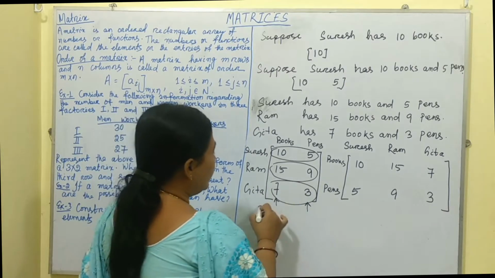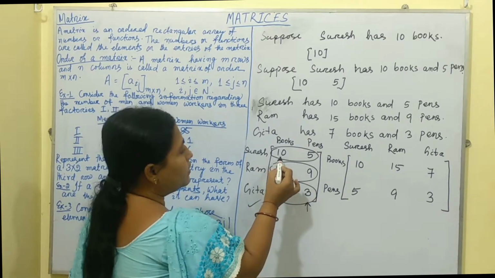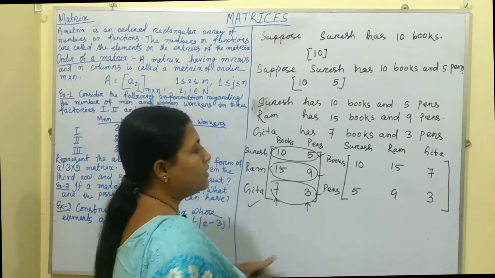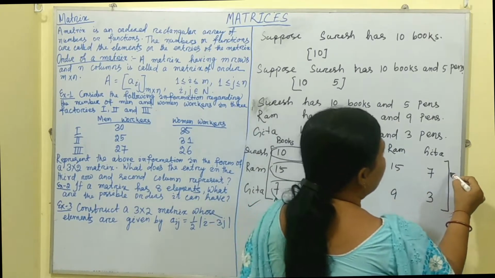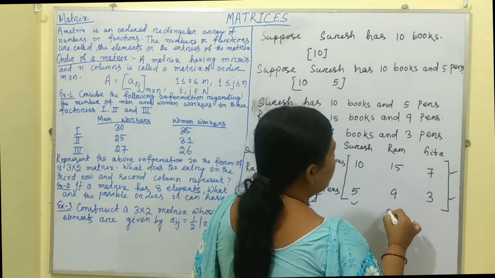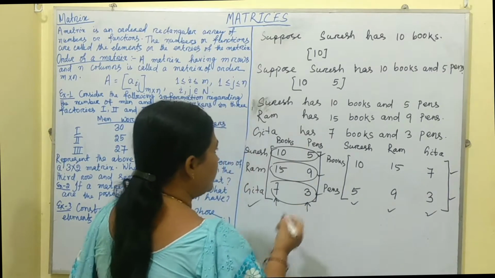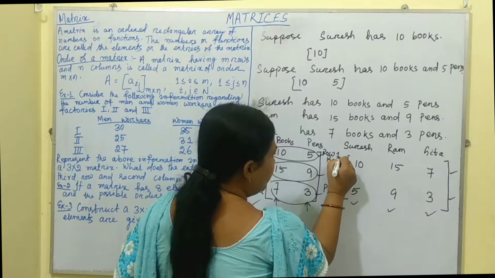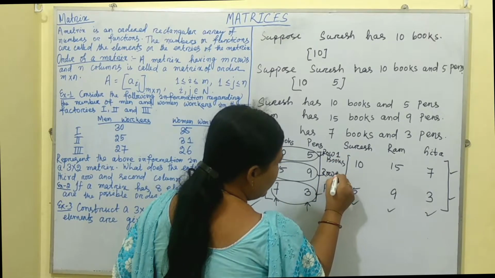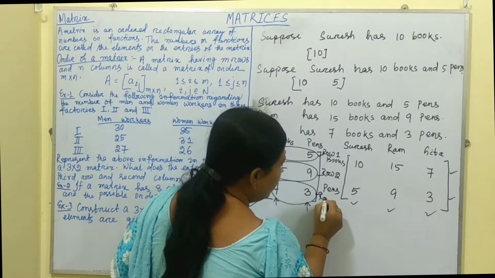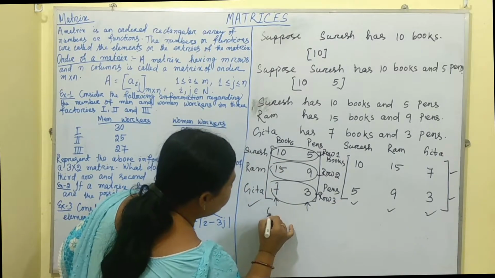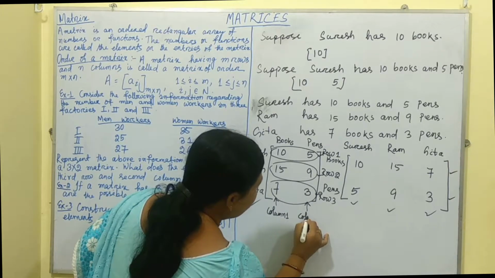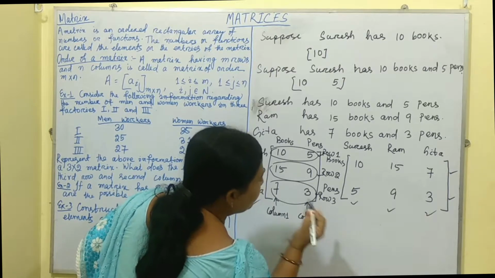Okay. So in the first matrix there are 3 rows and 2 columns. In the second matrix there are 2 rows and 3 columns. So we denote these as row 1, row 2, row 3 and column 1, column 2.